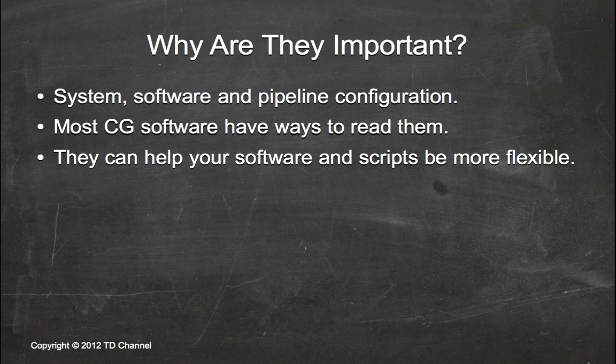They are also important because most CG software, either compositing or 3D application, inherits the environment variables from the environment where the application was launched. And a lot of these applications give you a method to access these environment variables, so they can be very useful all the way inside your application.